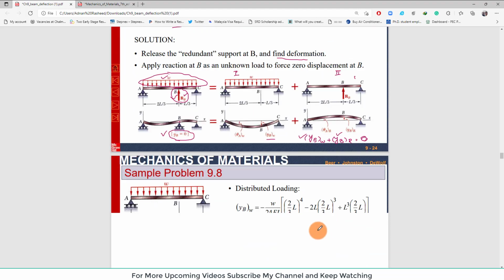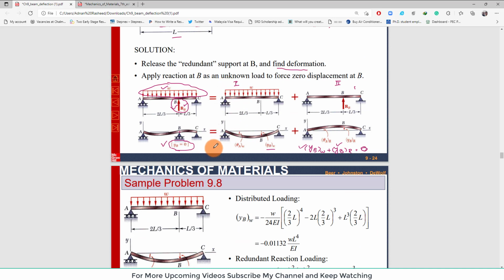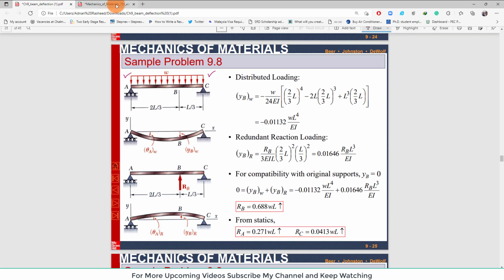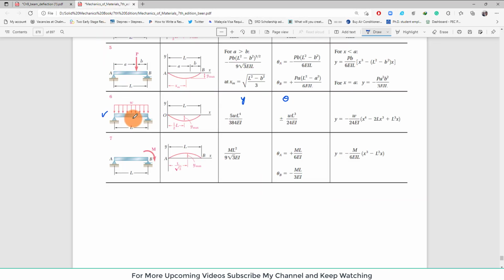So let's move forward. You can see that we will take the first loading 1, which is the same as represented over here. If you look at this loading 1, this is 2L over 3 and L by 3, and we have been asked to find the deflection at point B. While for this loading, the maximum deflection is at the middle.